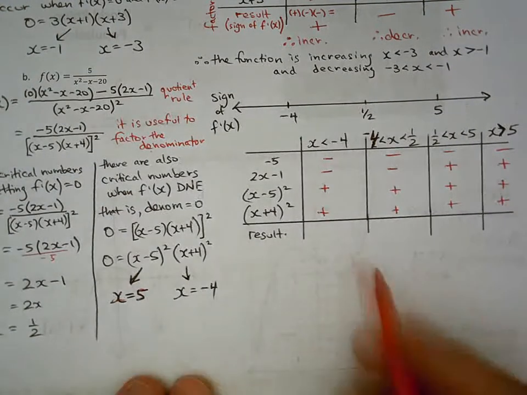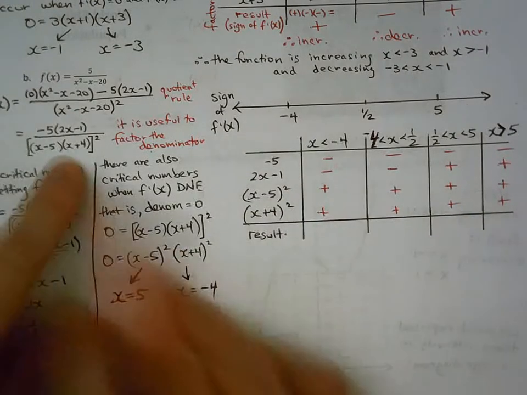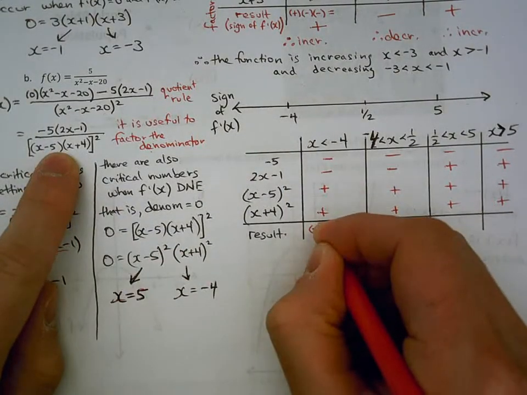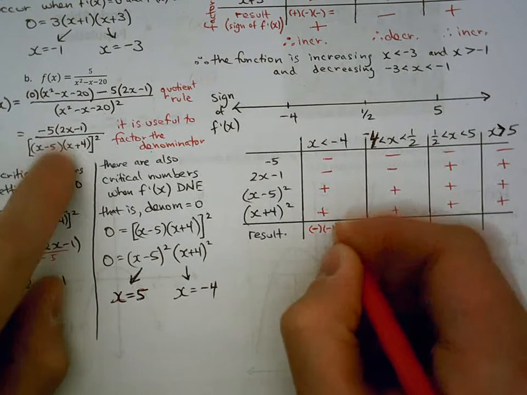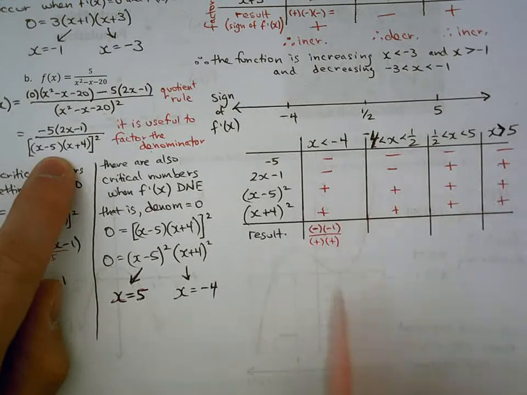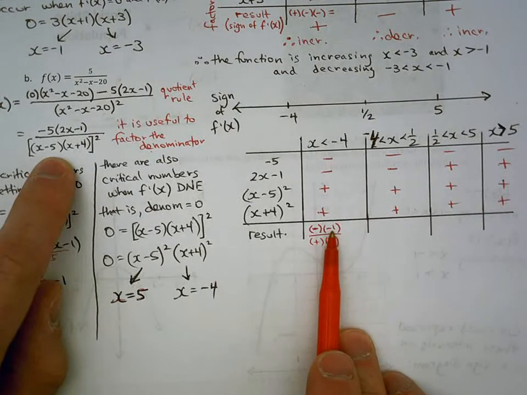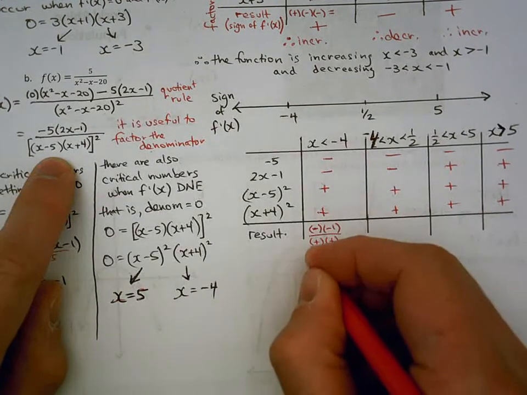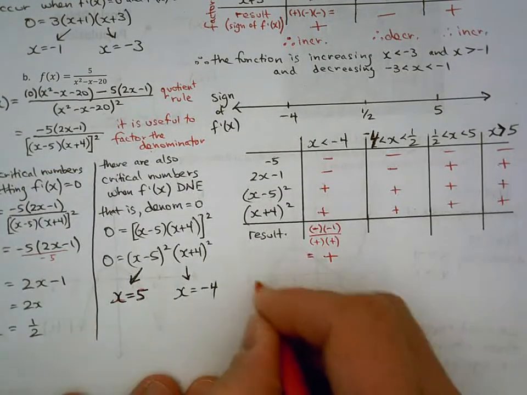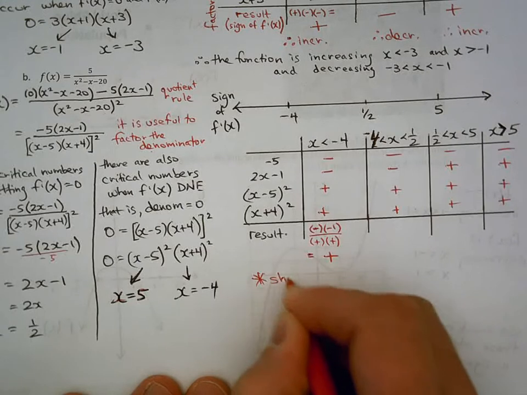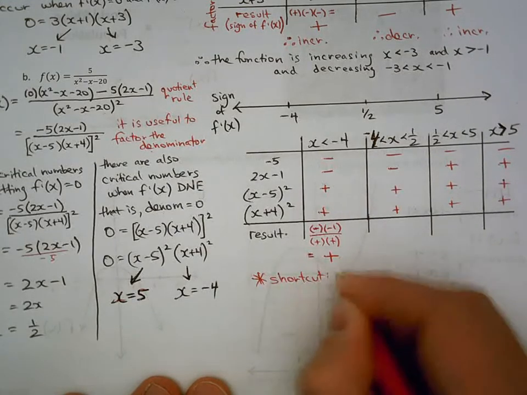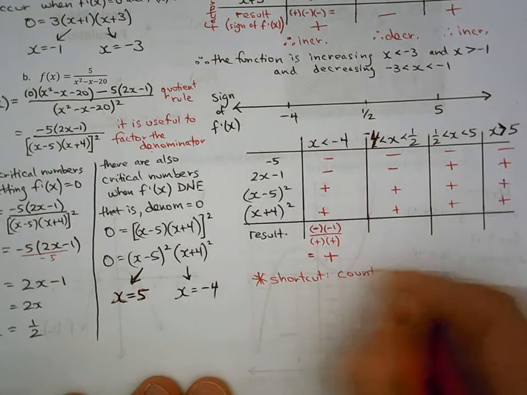Now, if you go back to what your function looked like, I had a negative times a negative over a positive times a positive. Let's think this through. Negative times negative is positive, divided by two positives, this gives me positive. But let me give you a shortcut. Count the number of negative signs.